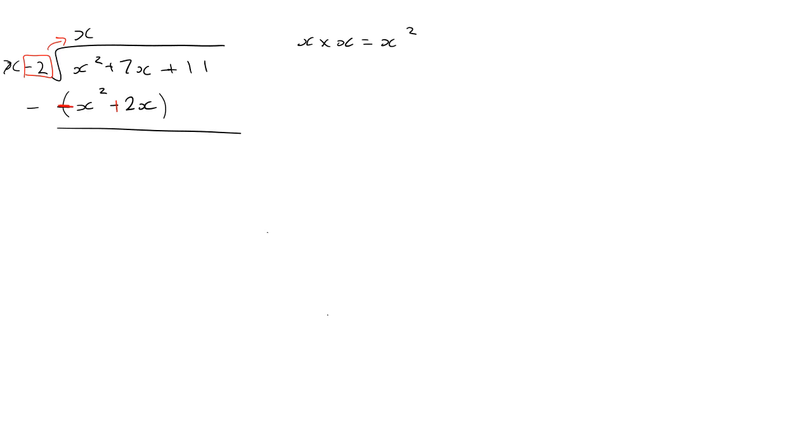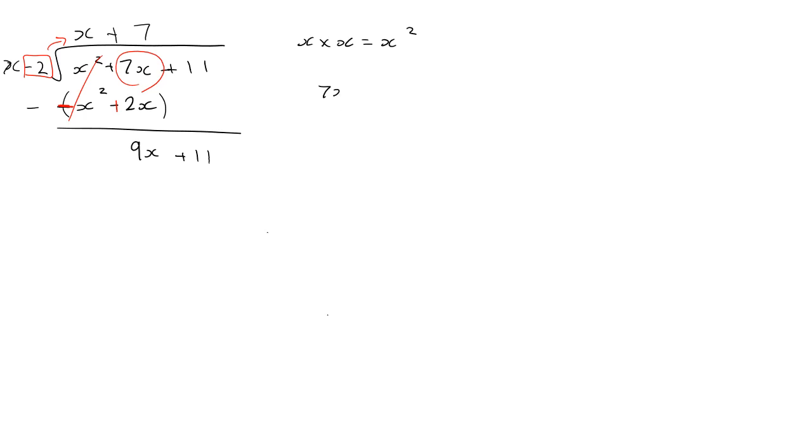Therefore, these x squareds cancel out, and we get 7x plus 2x, which is 9x, and we move the 11 down here. Then we repeat the process, but now we look at how many times x can divide 7x.